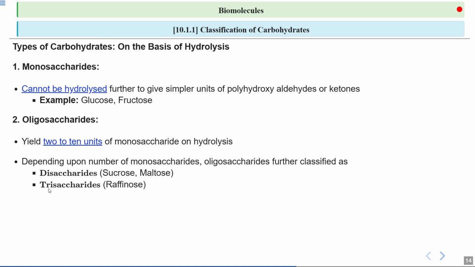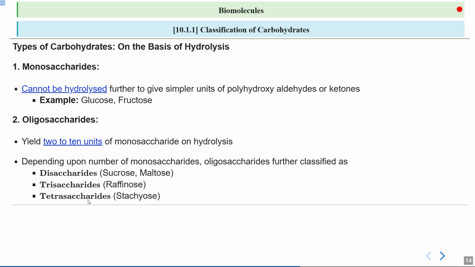So they are made up of three monosaccharide units. An example is raffinose. Then we have tetrasaccharides. Tetrasaccharides are made up of four monosaccharide units, like stachyose. It is an example of a tetrasaccharide.